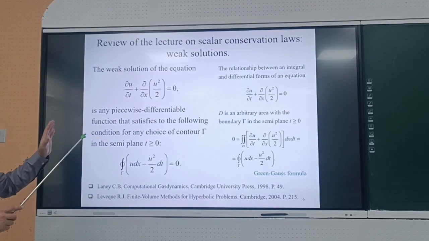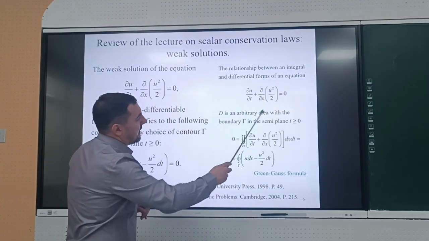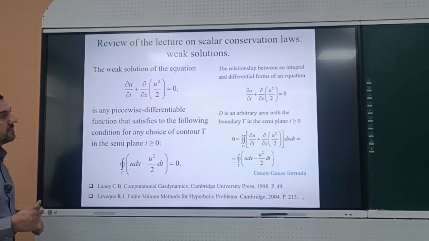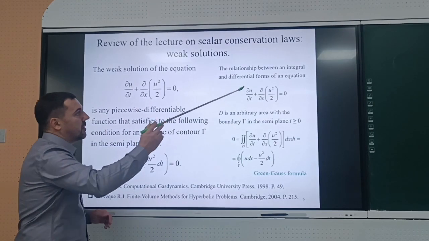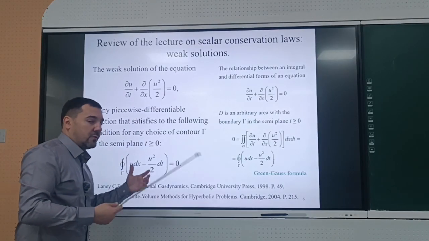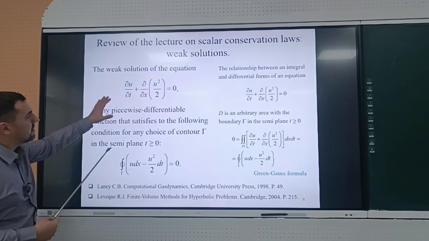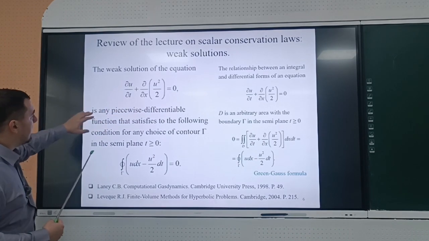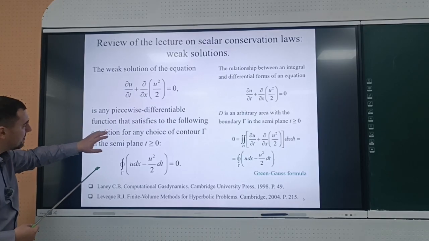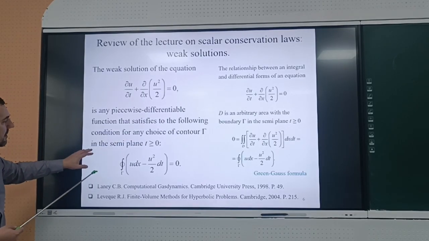If we have shock waves, we cannot directly apply our conservation Euler equations, because they are written in differential form. We need to find so-called weak solutions. A weak solution of this equation, the Hopf equation, is any piecewise differentiable function that satisfies the following condition for any choice of contour gamma.